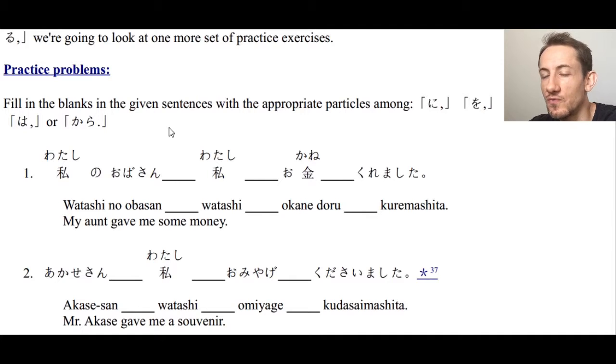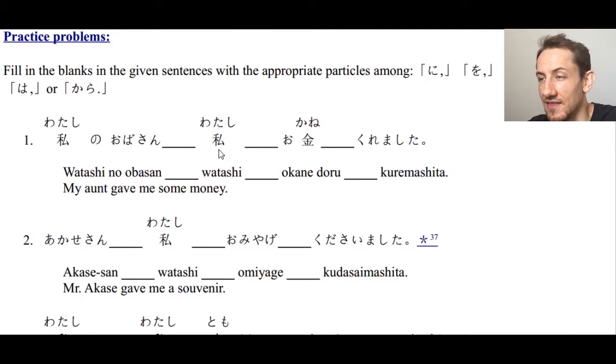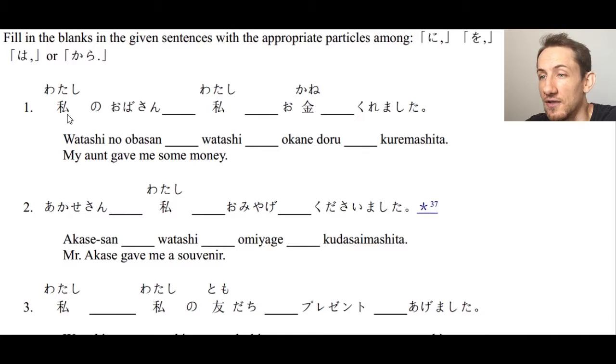So we're just going to fill in the blanks with the appropriate particles among ni, wo, wa, and kara. This will be a great way to test if you truly understand the difference between ageru, morau, and kureru. So you can see here we have the blanks. So fill in the blanks with the correct particles.